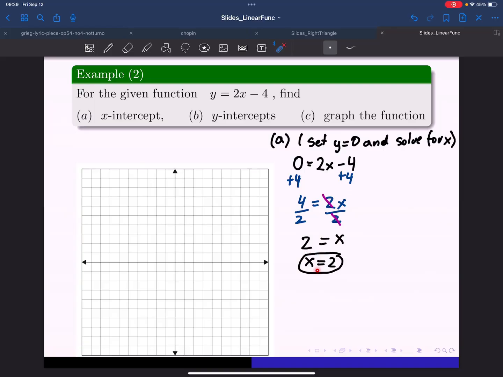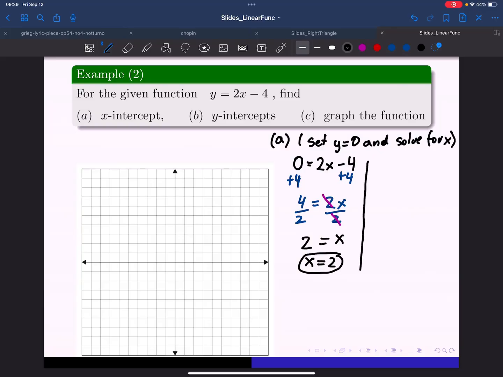Now for my y-intercept, that would be the number on the graph, and we already know that y-intercept is negative 4. For y-intercept, any value here has value of x 0, so we would set 0 for x and solve it for y. But because we already know, we can just write it down.